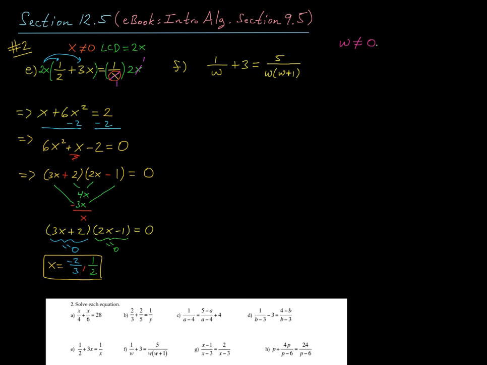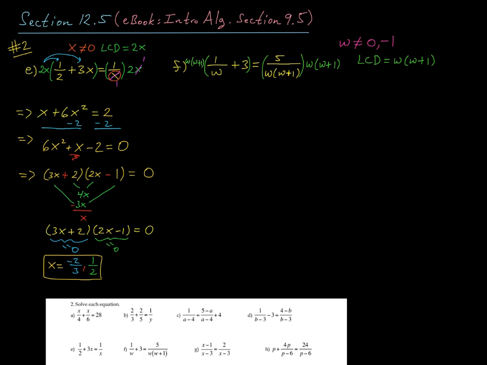But then also we have to avoid negative 1 from this second factor there, W plus 1. All right, how about the LCD? Well, my factors there are W and W plus 1, and everything's just to the first power, so that in fact is the LCD. So I'll go ahead and multiply both sides of our equation by this W times W plus 1.